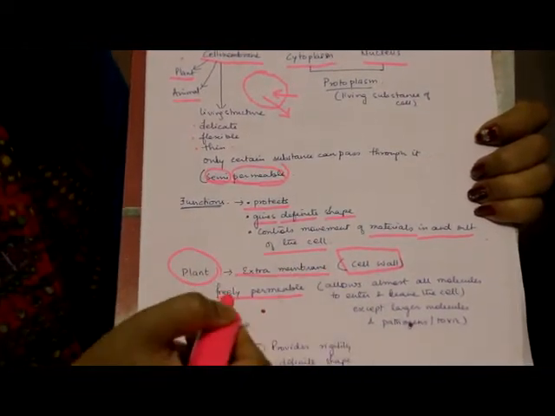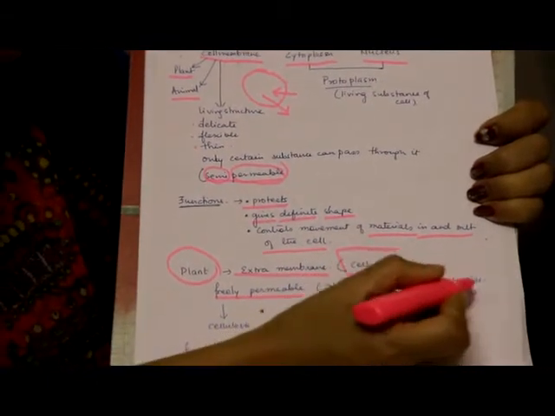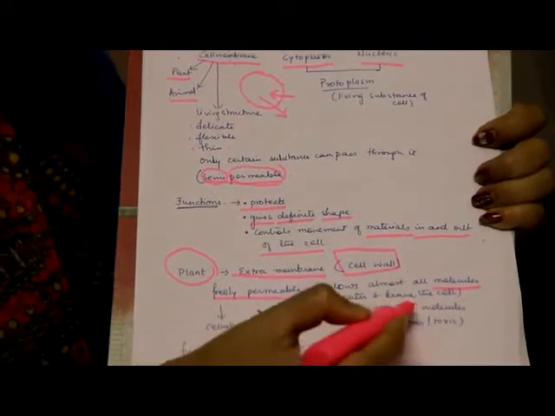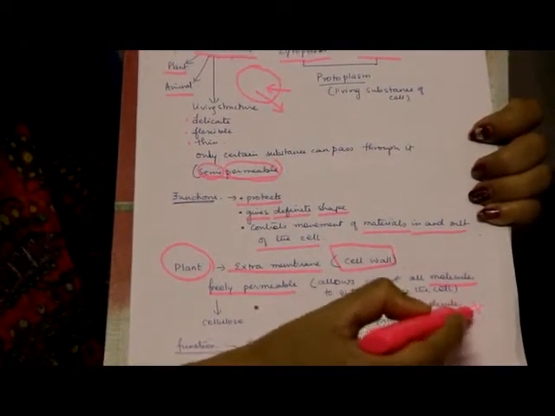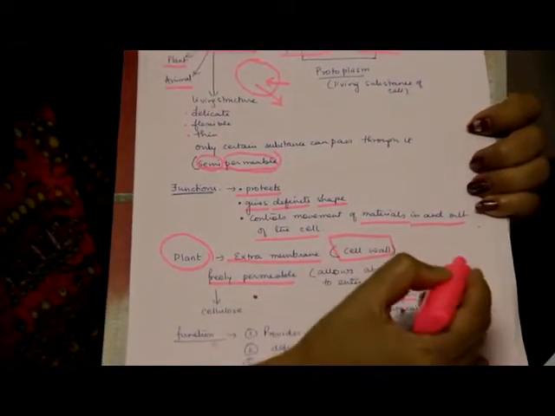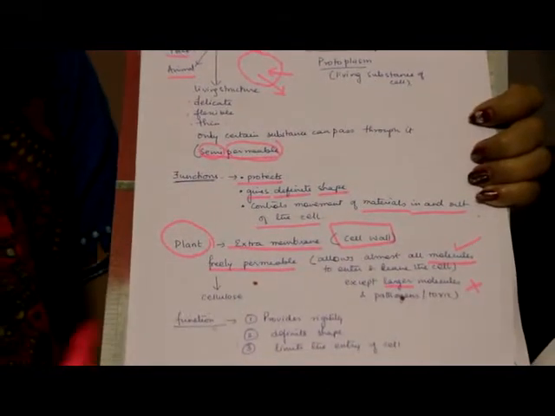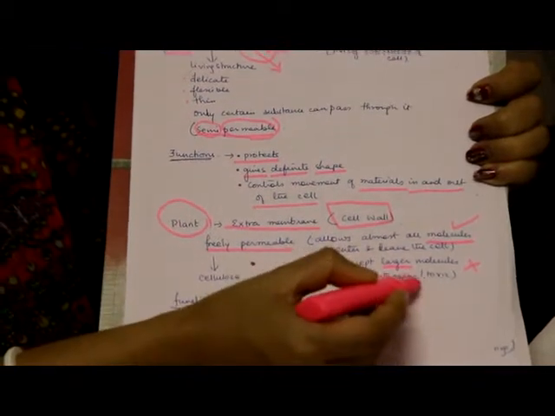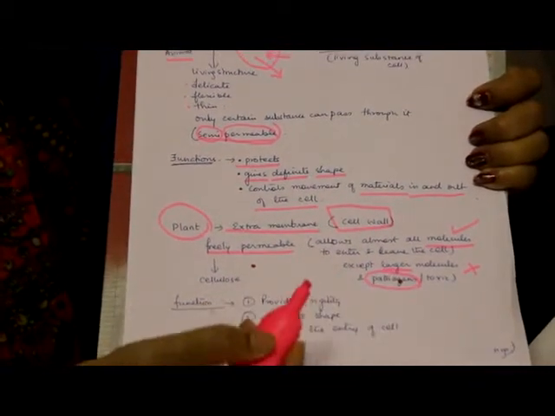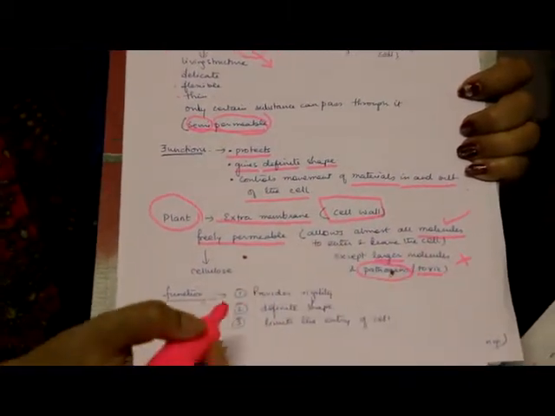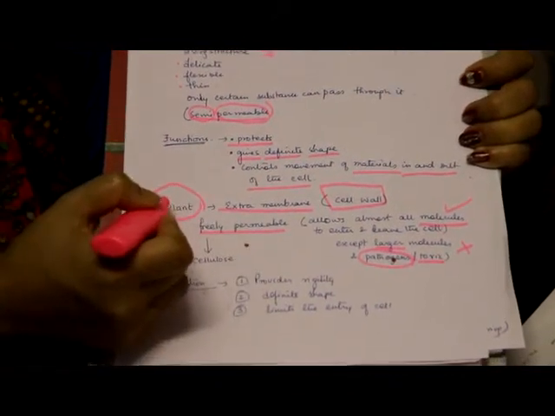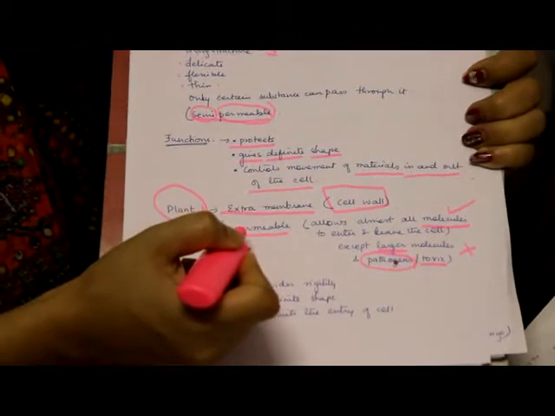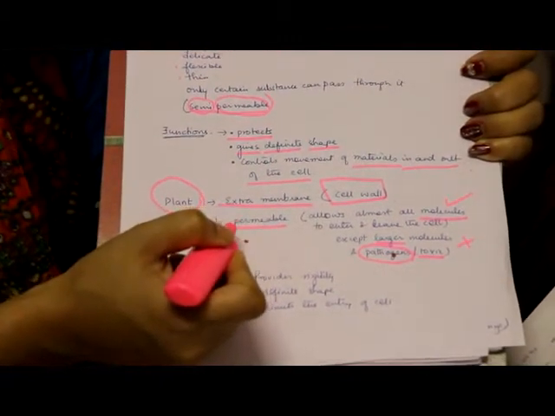It allows almost all the molecules to enter and leave the cell. Certain larger molecules it will not allow. It also will not allow certain pathogens or toxic or poisonous chemicals to enter the cell. So it also provides a protective layer for the plant cell itself.